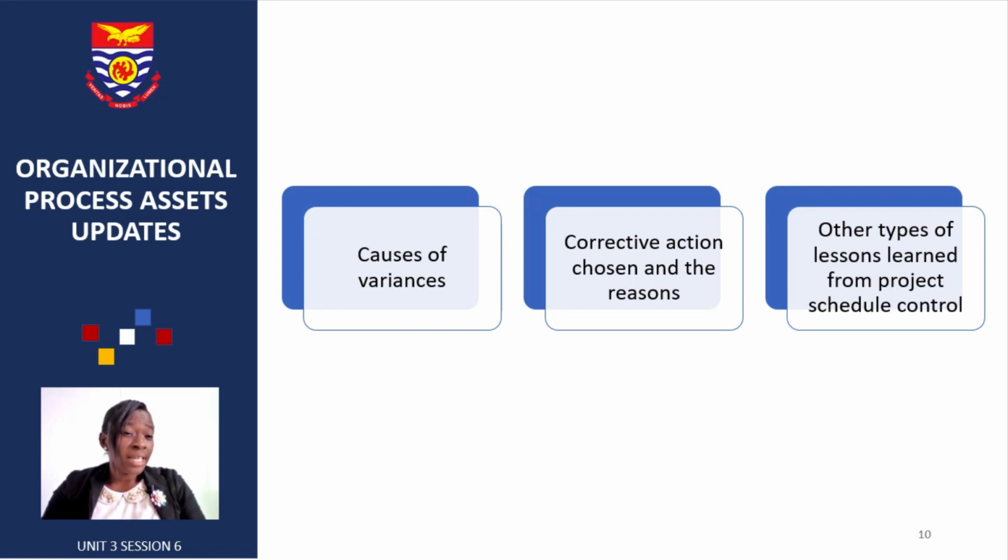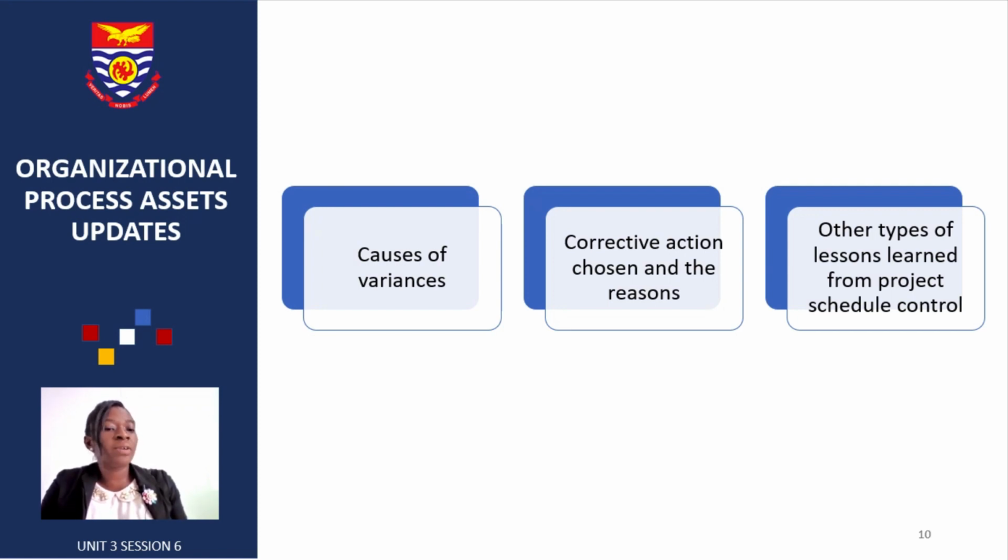So we need to then look out for organizational process assets that may be updated, which include but are not limited to: one, the causes of variance. What is really causing this change? What is not letting us get the actual work on the ground to be the same as what we had projected or planned for? We need to look out for these causes. We need to look out for corrective measures or actions and the reasons for such.